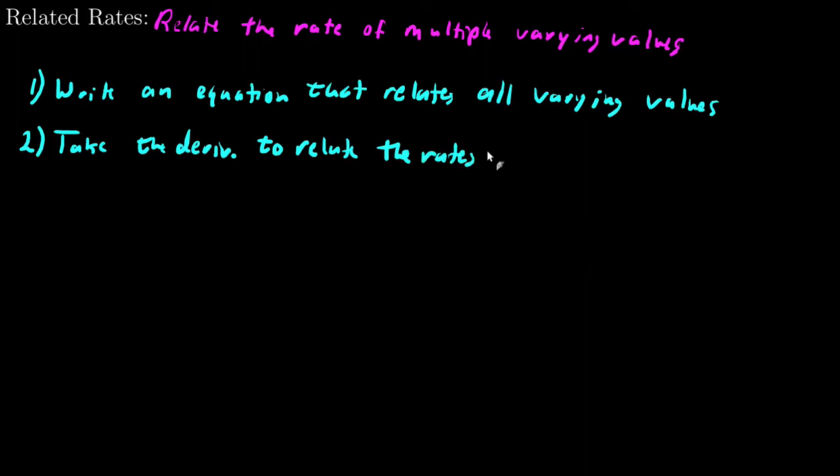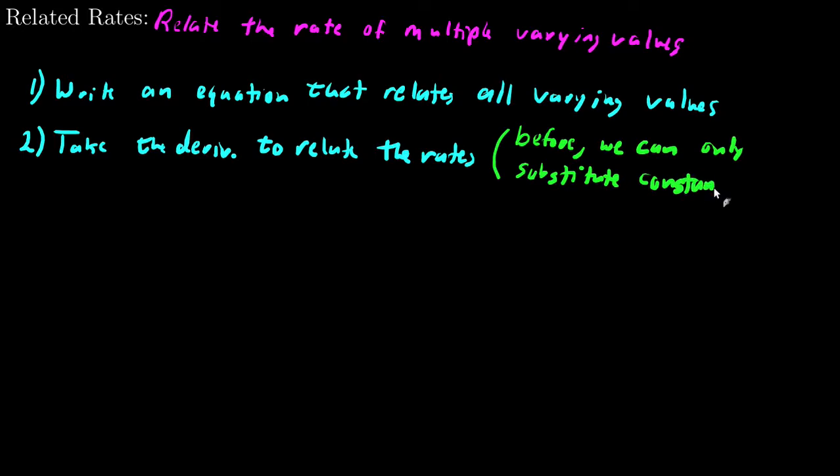A note for this: before we take the derivative, we can only substitute constants. I'll explain that more fully when we get to an example, but once I write this equation, I can put in the constant values, then take the derivative.